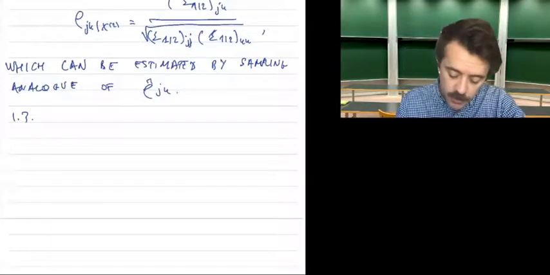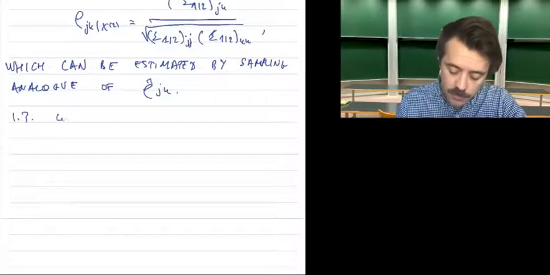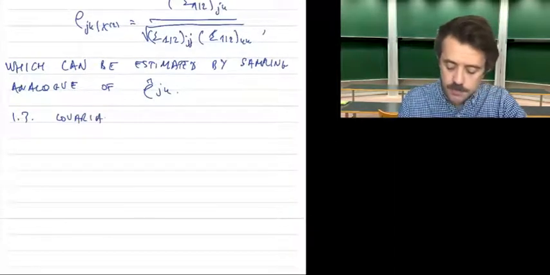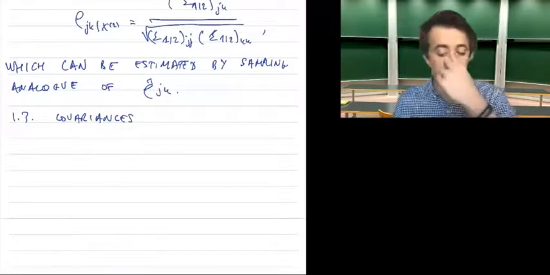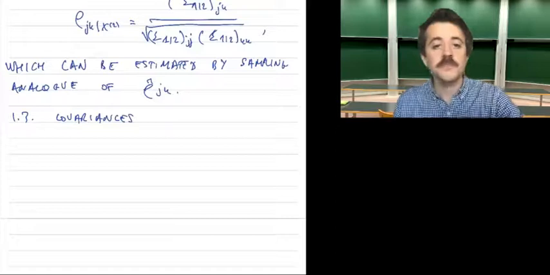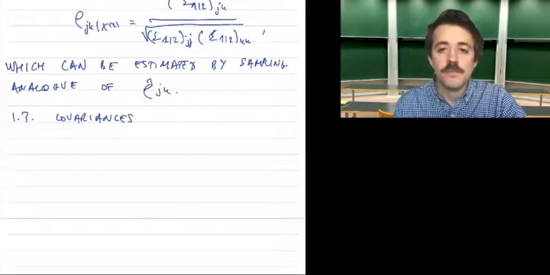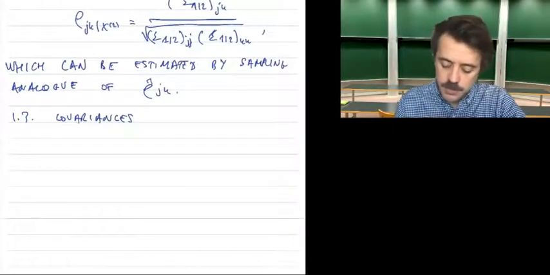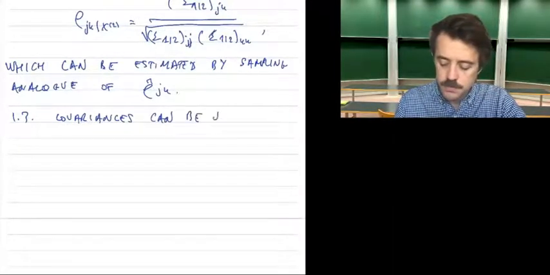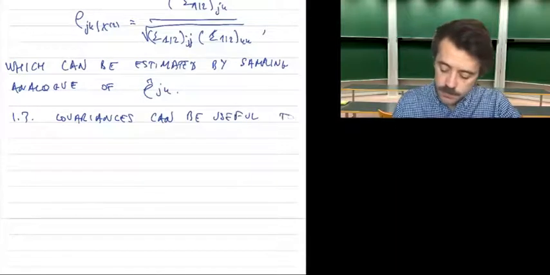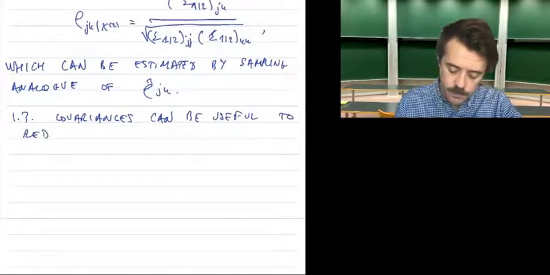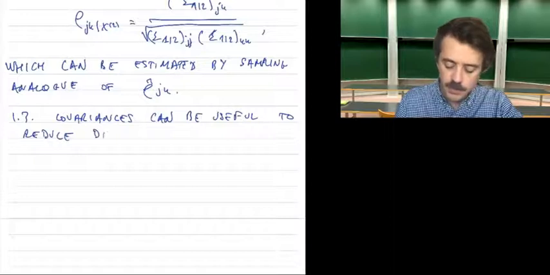Let's start by just saying that covariances, I guess covariance matrices, can be useful to reduce dimension or dimensionality.